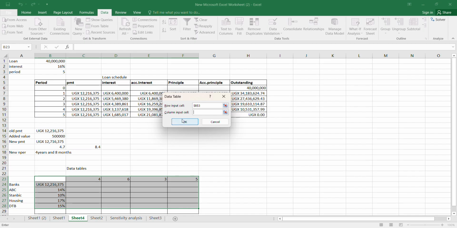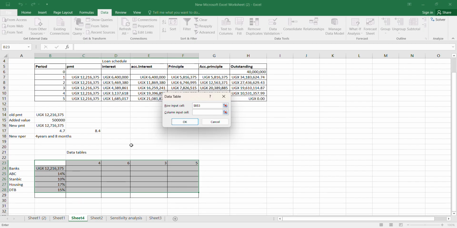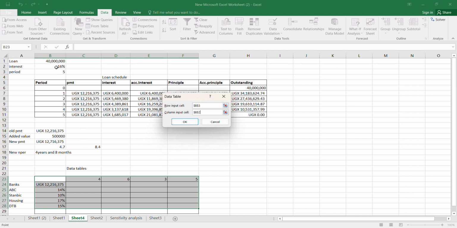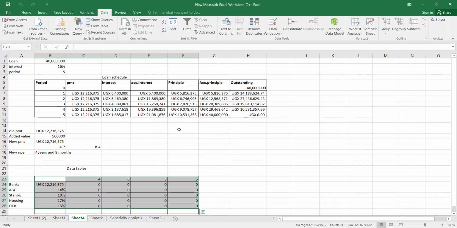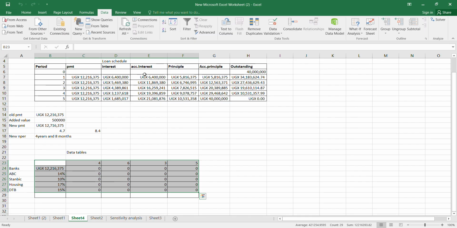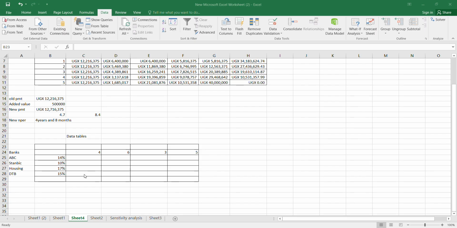Then the column input cell, they're asking us what we are putting in the column input cell. Remember, we have the percentage, so we shall come here and get the percentage. We press OK. What's happening? No, let's first clear. Then let's repeat. We shall have our referenced PMT in that column.